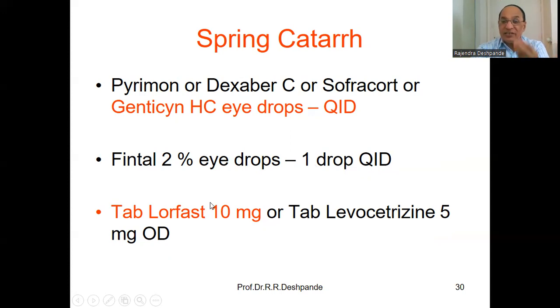And then an anti-allergic tablet internally, tablet Lorfast 10 milligram or tablet levocetirizine 5 milligram, only once. But the better way is to give this anti-allergic tablet at night only. Remember my words, allopathic anti-allergic tablets should be given only at night.